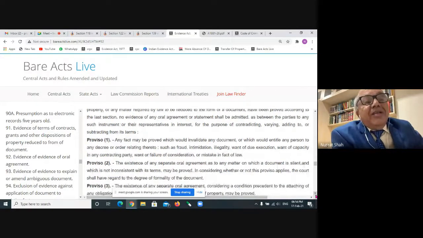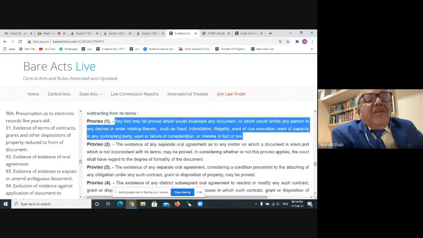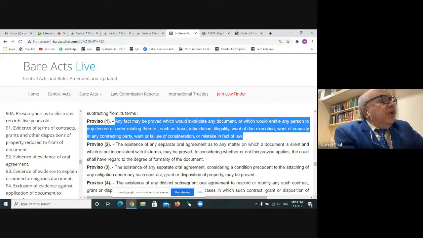So, if the defendant takes up the plea that the document is invalid, bogus, my consideration was not paid, or it is vitiated by fraud, intimidation, illegality, want of due execution, want of capacity, or want of consideration in law, this will permit you to lead oral evidence.